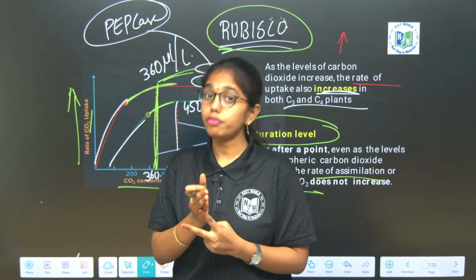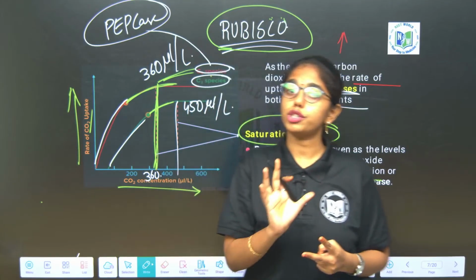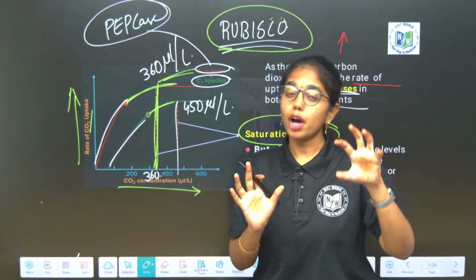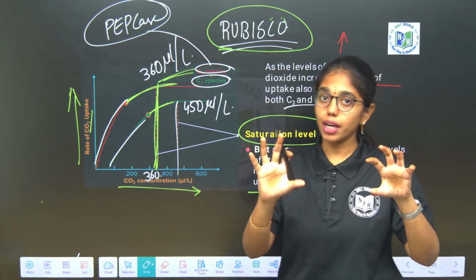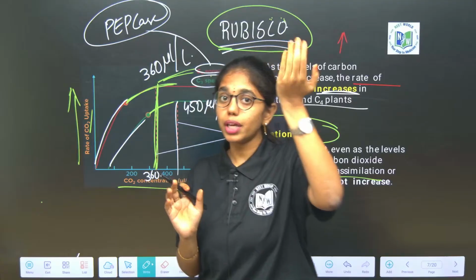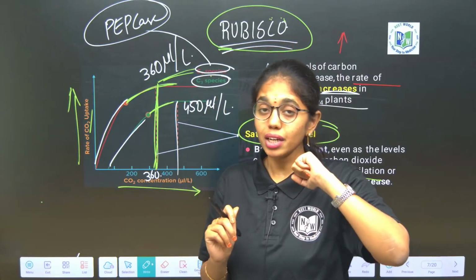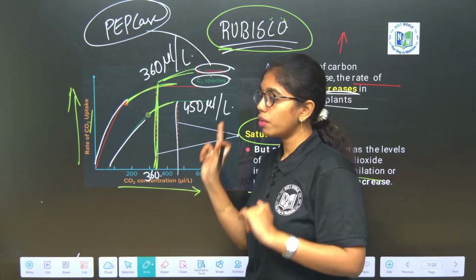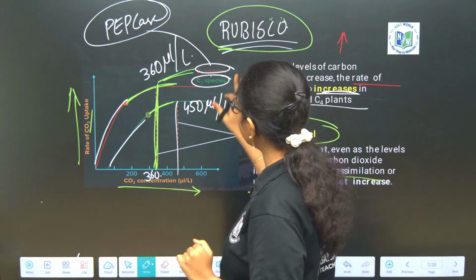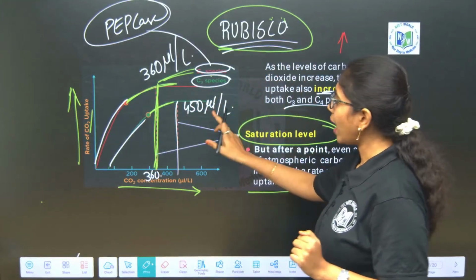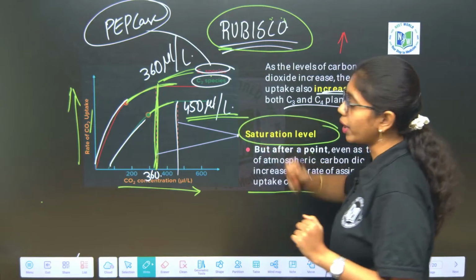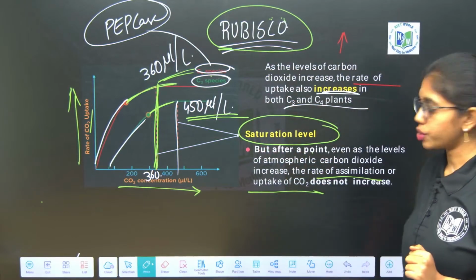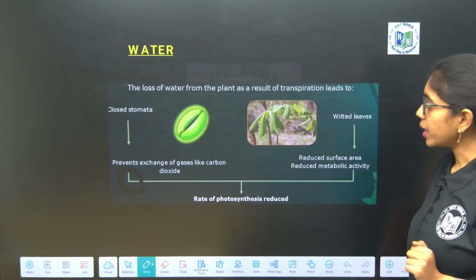It is because of which enzyme activity? Rubisco, because there the competition comes between carbon dioxide and oxygen, so we have to increase the carbon dioxide concentration levels, then only rubisco will bind with carbon dioxide. That is the reason C3 species have a high carbon dioxide saturation point, 450 microliters per liter. It is fine till here.